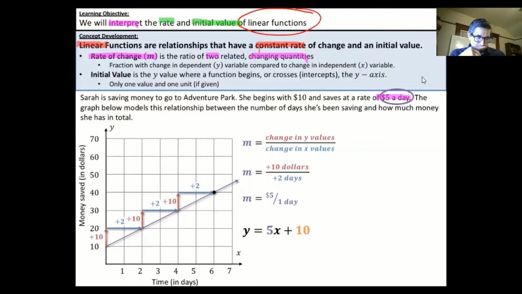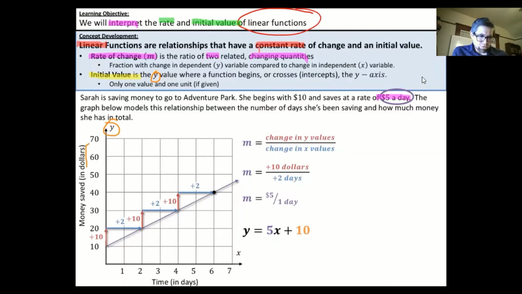Okay, let's now look at our second idea, our initial value, the y value where a function begins. Let's look at the graph. I see I have y here, and the value of y is dollars.